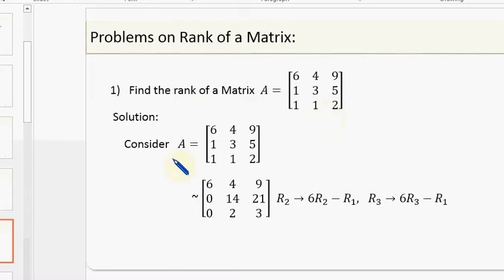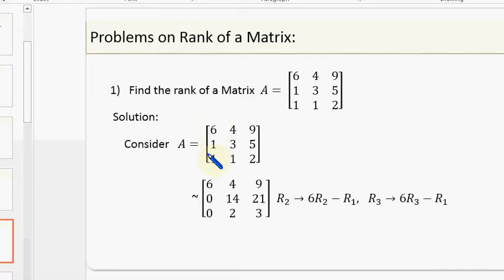So, here consider A equal to the matrix 6, 4, 9, 1, 3, 5, 1, 1, 2. The leading principal diagonal element is 6. Below this, we make the elements 0.